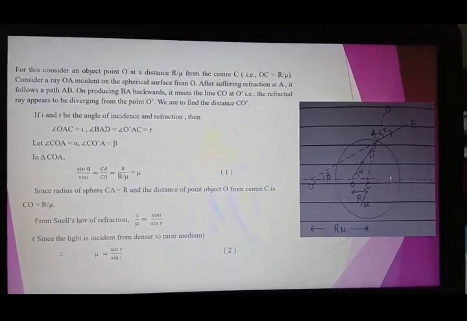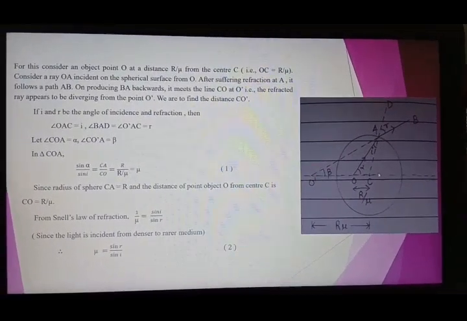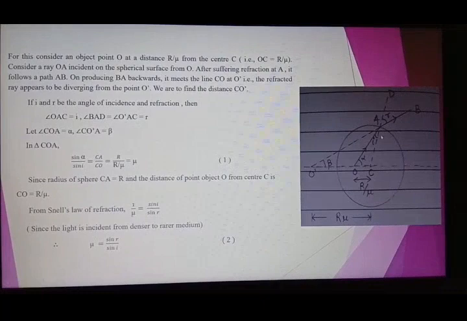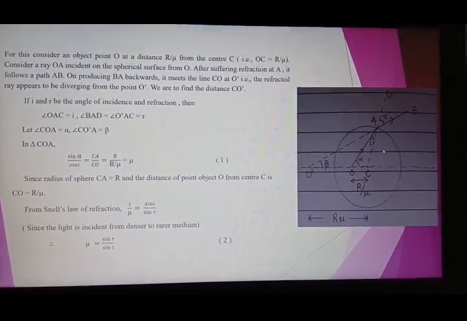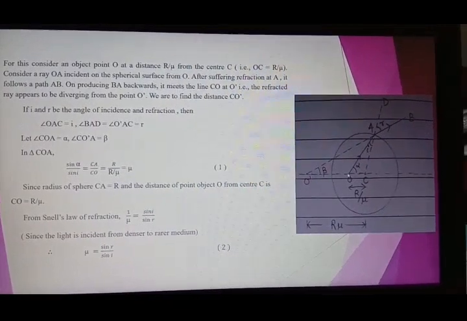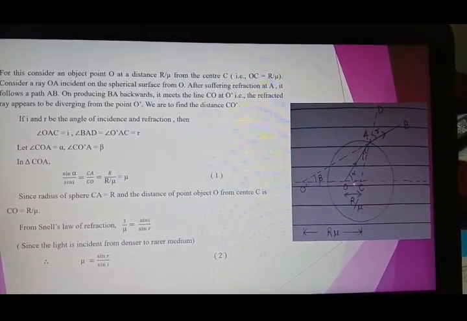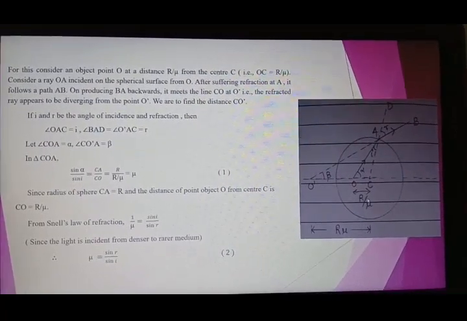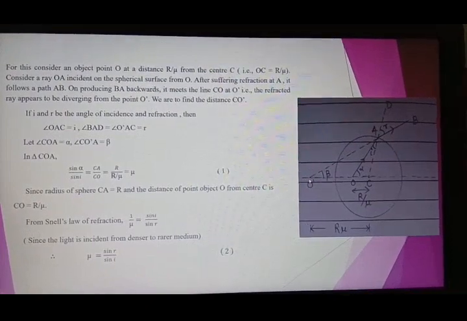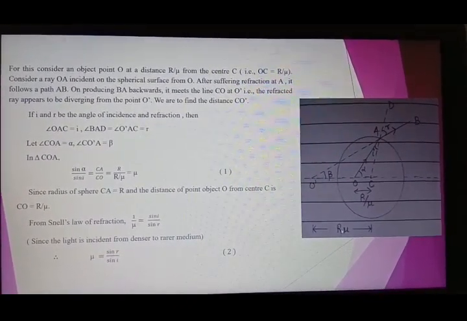In the figure we are considering a spherical medium with center C, radius R and refractive index μ. At point O, object distance from C is R upon μ. Image point is O dash, distance from C is Rμ.